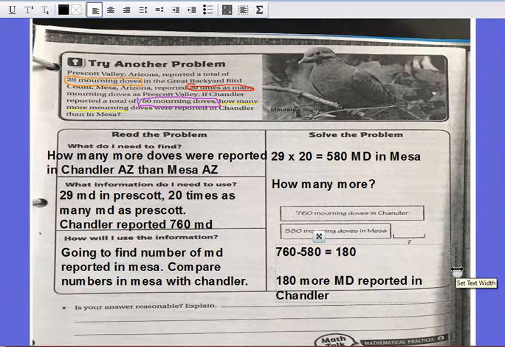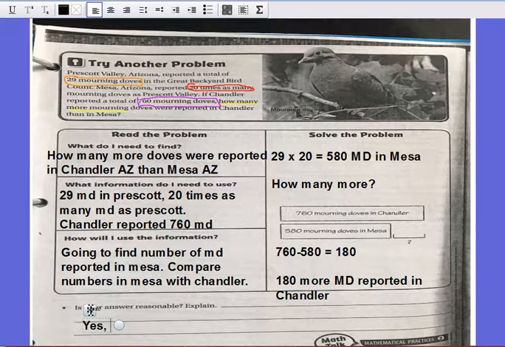Alright, so let's take a look at this bottom part. Is your answer reasonable? Yes. Because let's say if you rounded 760 to 800 and 580 to 600, and then you subtract, the difference would be 200. So 180 is close to 200, so my answer is reasonable.